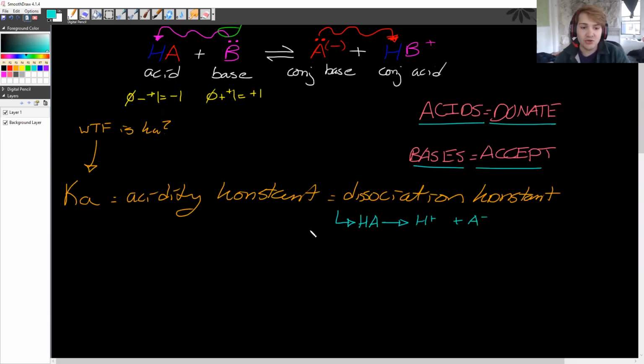And so it's measuring how likely this dissociation between the proton and the A molecule is. And so if it dissociates very strongly, we can say that it's a very strong acid, because if it dissociates, it donates. If you dissociate, you donate.